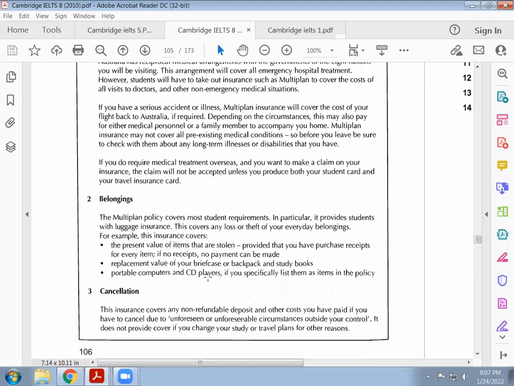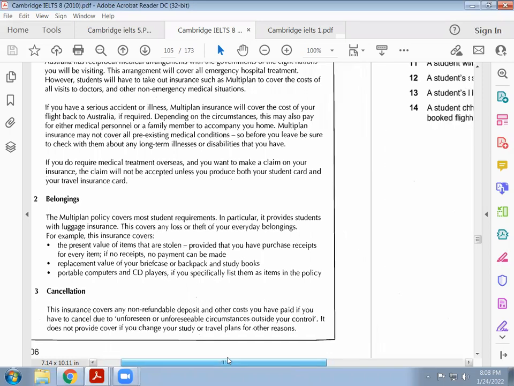But as I said earlier, never decide your answer by reading half a sentence. After that, they said, if you specifically list them as items in the policy, then it is covered. Then multi-plan will cover. So if you do not list them, this is a term given, you will not get any, it's not covered.